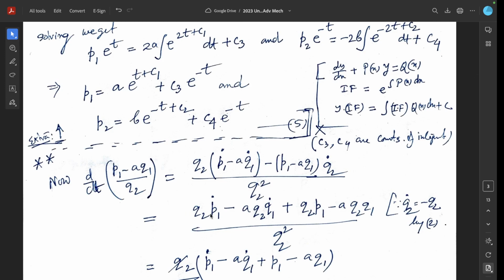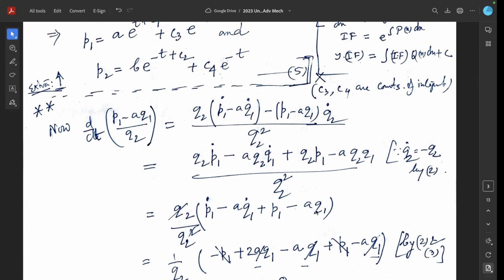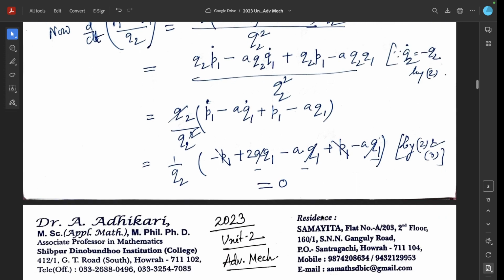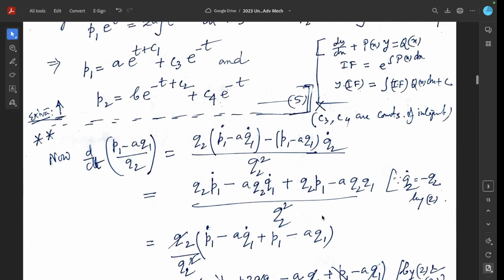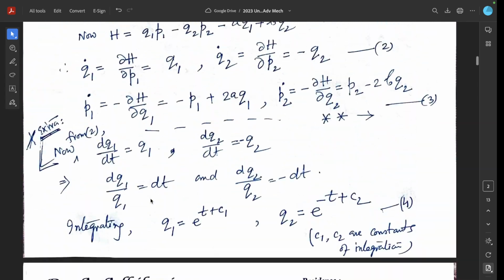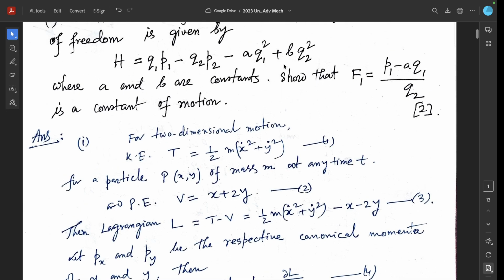So we get Q2 P1 dot and so on, and taking Q2 common, by Q2 square, P1 dot minus a Q1 dot plus P1 minus a Q1, and after simplification we get 0, and hence P1 minus a Q1 by Q2 is a constant of motion.